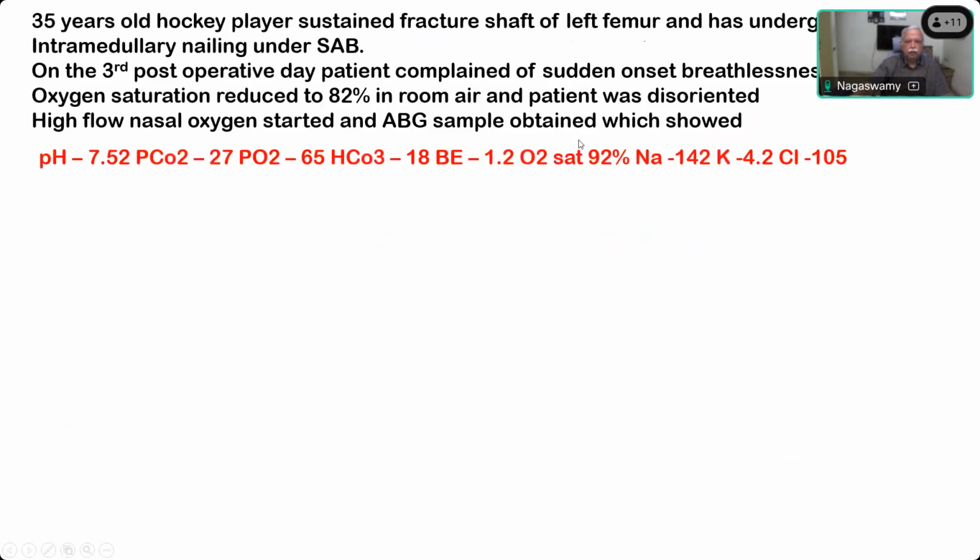This is the value of ABG. pH is 7.52, PCO2 27, PO2 65, bicarb 18, and base excess is 1.2, oxygen saturation 92%, sodium, potassium, chloride values are given. What is the interpretation of ABG values?